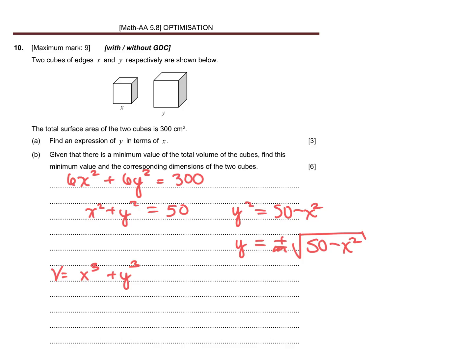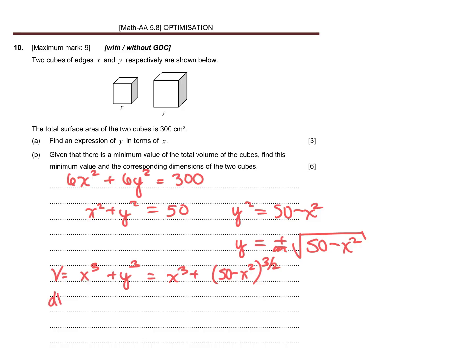So this is not going to be negative because it's a side length. So we're going to have x cubed plus 50 minus x squared, the square root of that, to the 1/2 in that cube. So this is going to be to the 3/2.